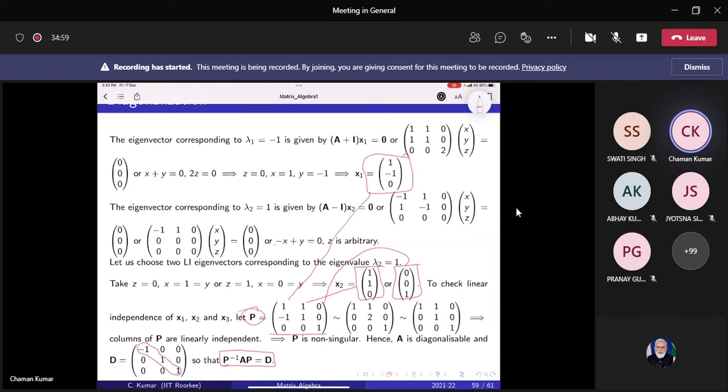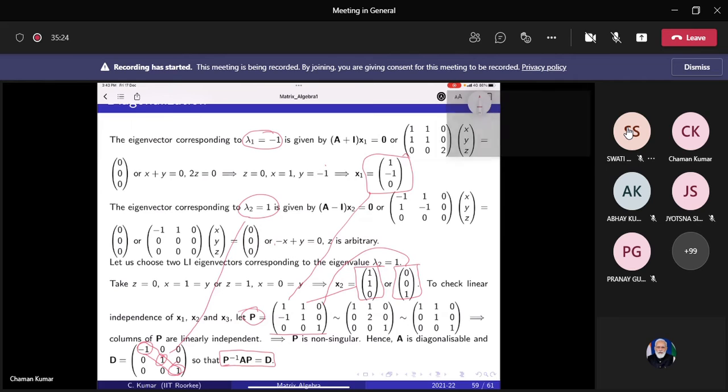The first column of P is x1, which corresponds to the eigenvalue -1, so you have -1 here. The remaining two columns of P correspond to the eigenvalue 1, so this 1 appears here.